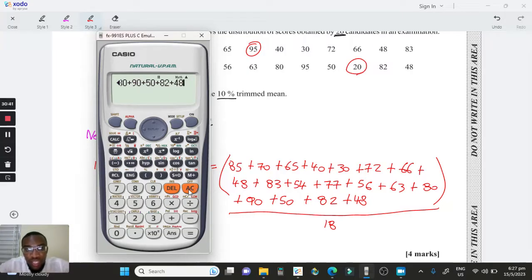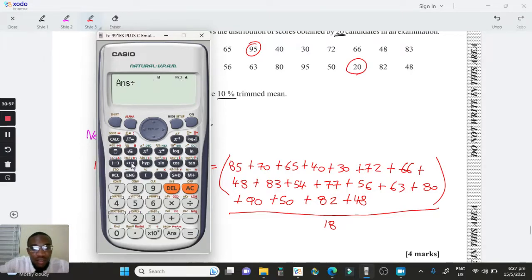Next thing I want to do is make sure it's all 18 of them. 1, 2, 3, up to 18. Good, it's all of them.